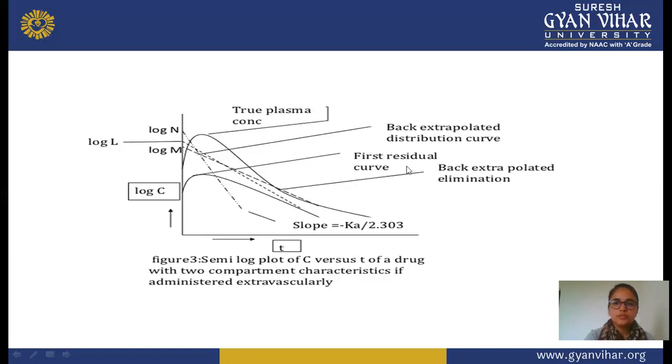This is the elimination rate, and this is the first residual curve where the first peak is obtained and the second peak is obtained here. The true plasma concentration is obtained and the slope is minus Ka divided by 2.303. So here log L equals log N divided by log M.